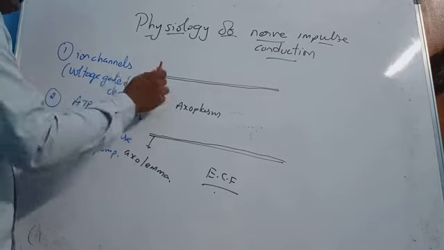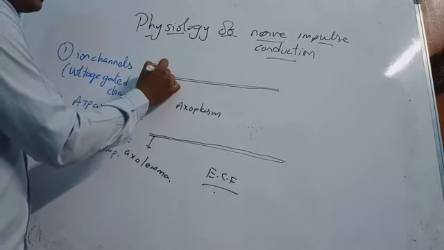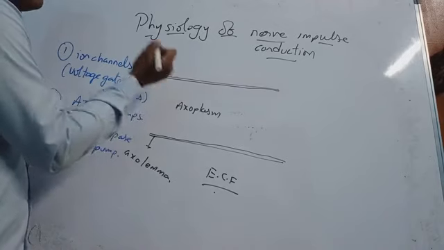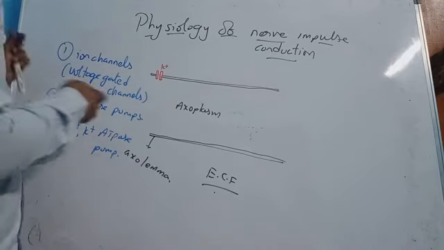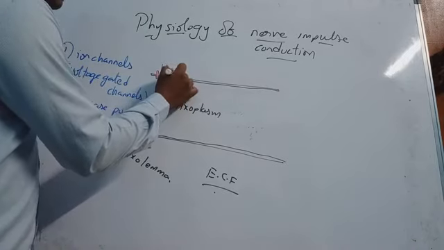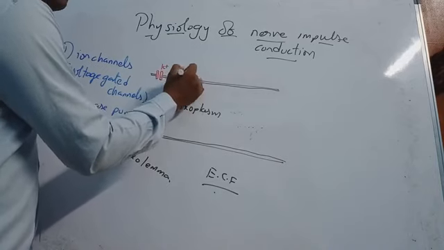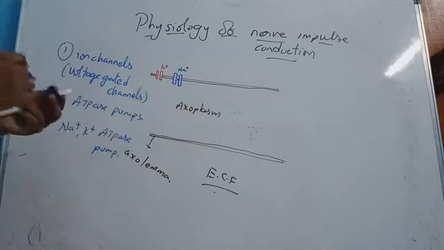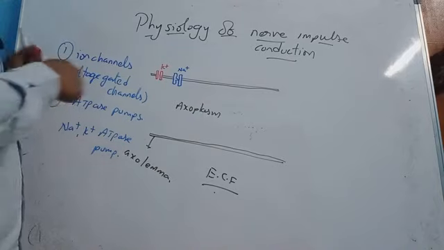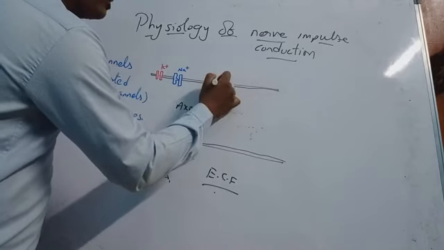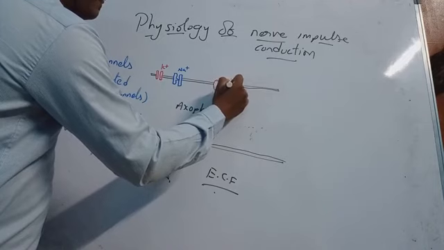If I assume one membrane, on the membrane we can see a voltage gated channel of potassium. We can see sodium gated channels, and we can see the sodium potassium pump. So I will draw it here.